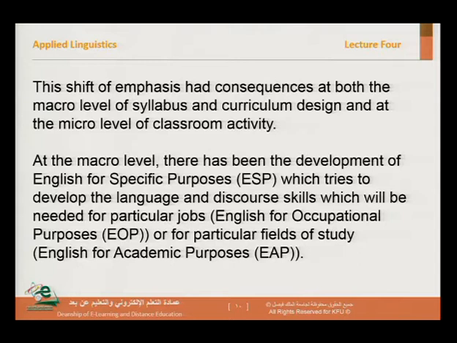We want our students to actually be prepared for what they are going to do in the future.